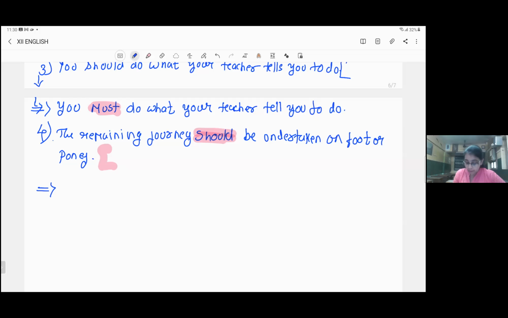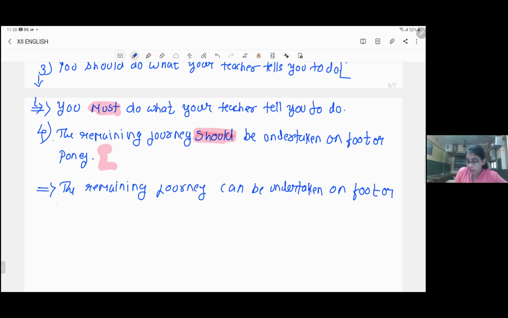Write the same thing. The remaining journey can be undertaken on foot or pony. Clear?